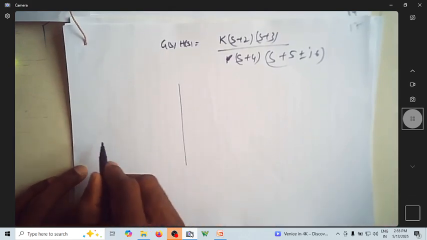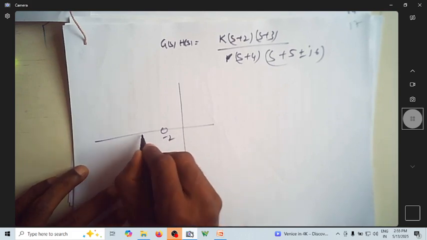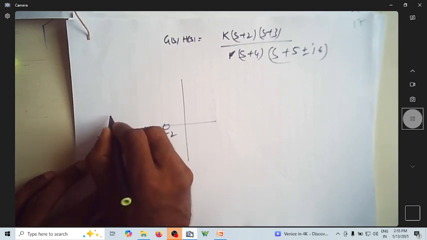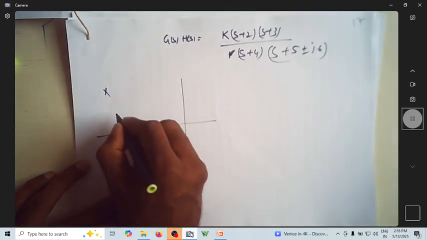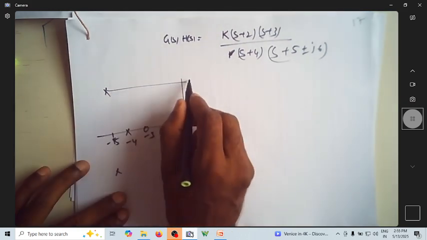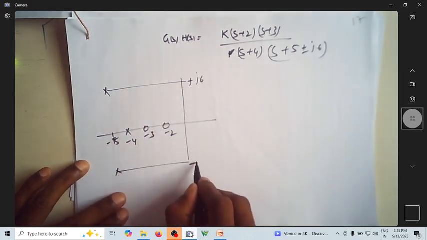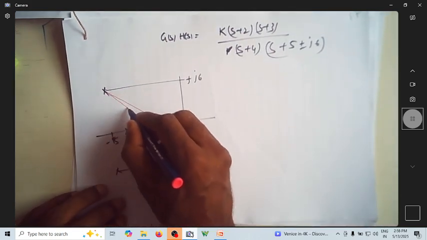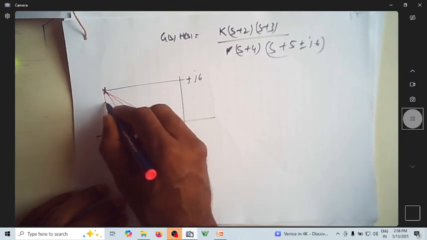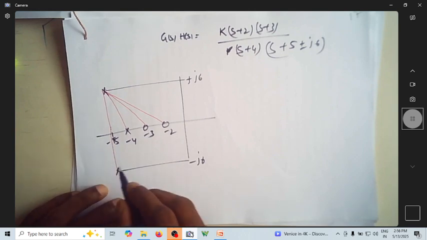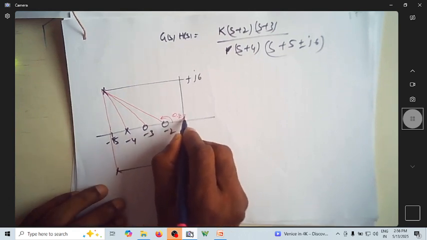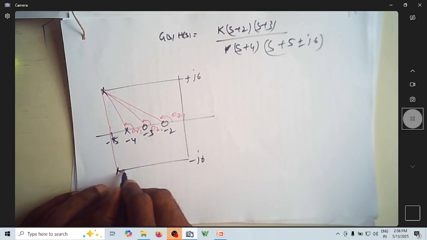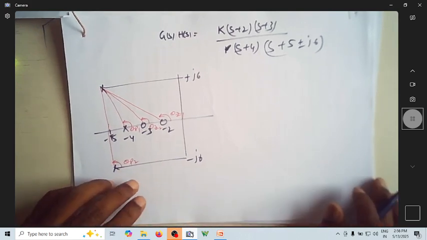So I have this as my zero, another zero, and there is a complex pole at this point, this is minus 5, and this is at plus j6, this is at minus j6. So you join all poles and zeros, this is first, second, third, this is, sorry, this is this. So this is theta Z1, theta Z2, theta P1, this is theta P2. Right?